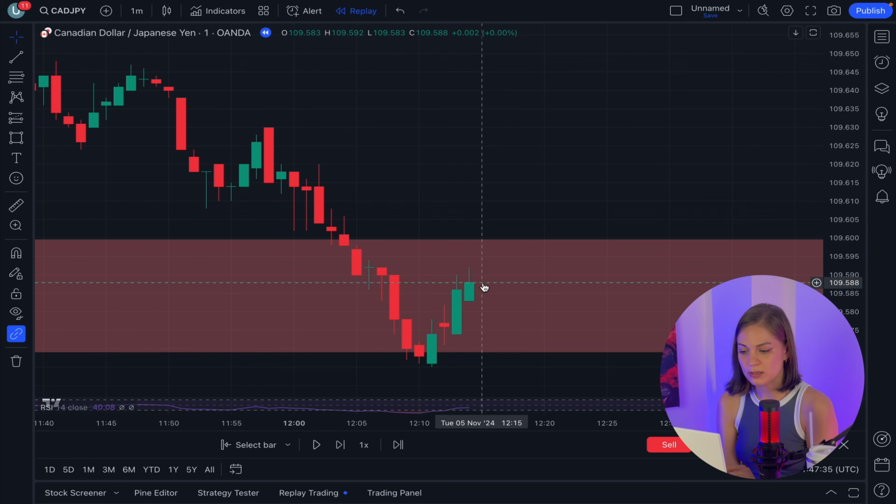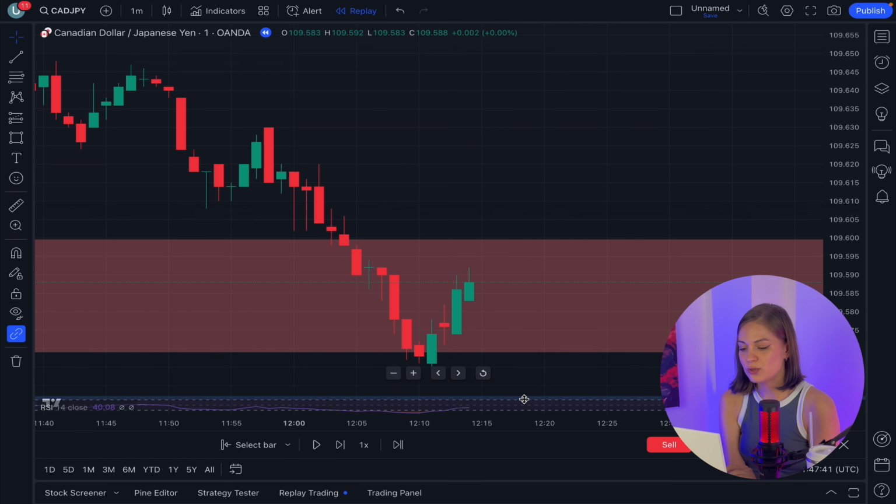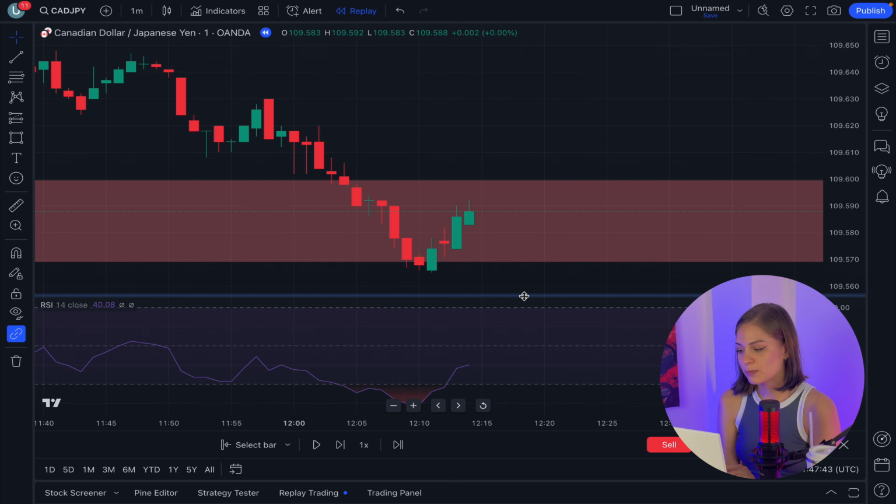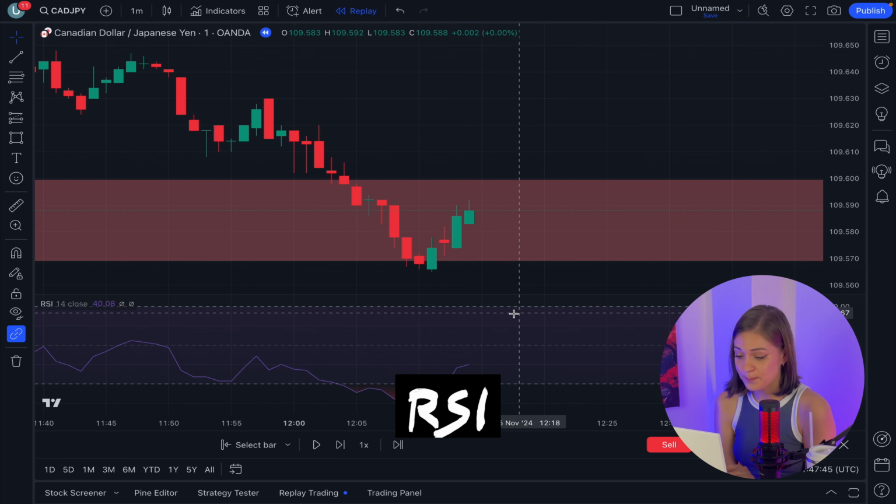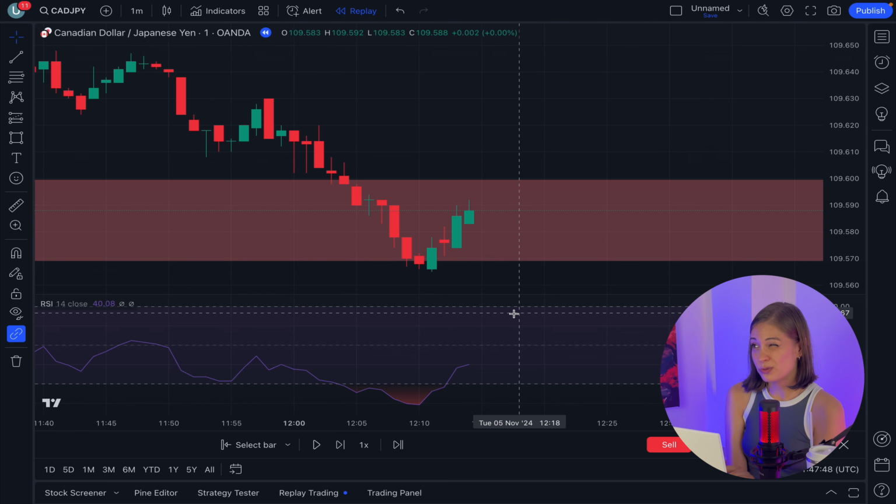Next one, what we need to look at is how much power the new trend has to continue moving the price upwards. That's why we're going to use the RSI indicator, and we're not going to use it as we usually do, like a standard one which shows us overbought and oversold areas. We are going to use it to see how powerful the trend is.